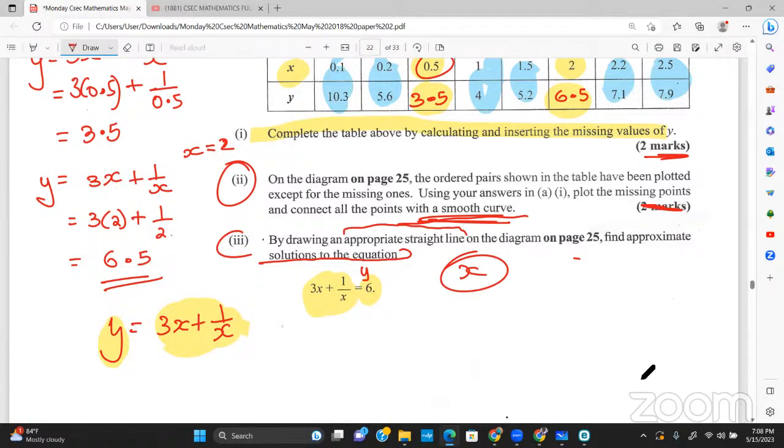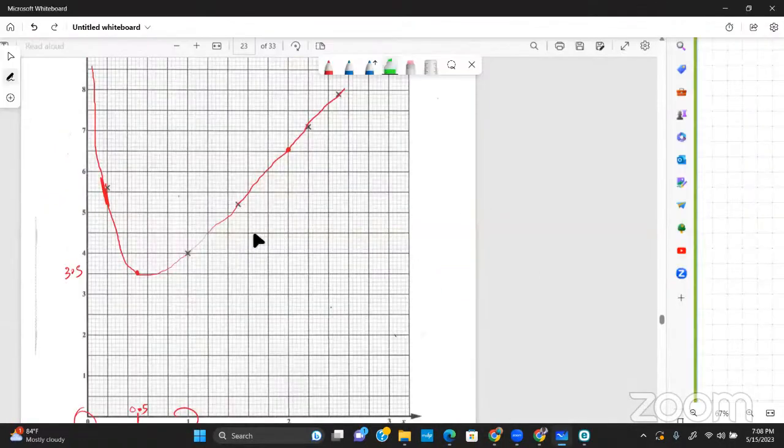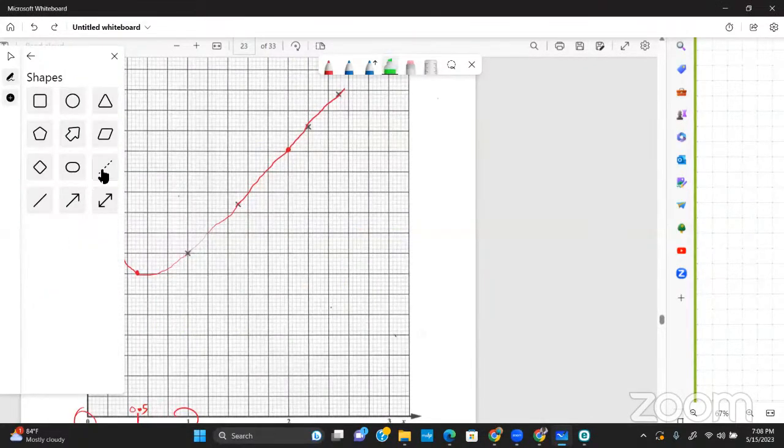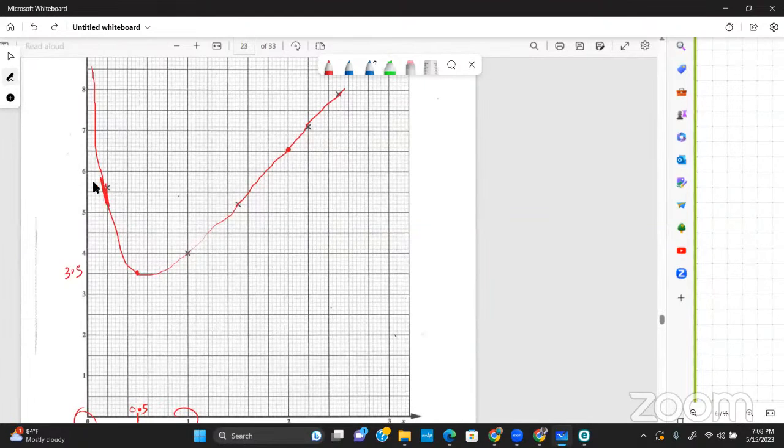So watch this now. Let's go to this. We're going to take a line out, yeah? And we're going to go where 6 is. There it is. And you're going to draw that properly. And they did say use appropriate lines. I'm going to change the color for you to see it a little bit clearer.